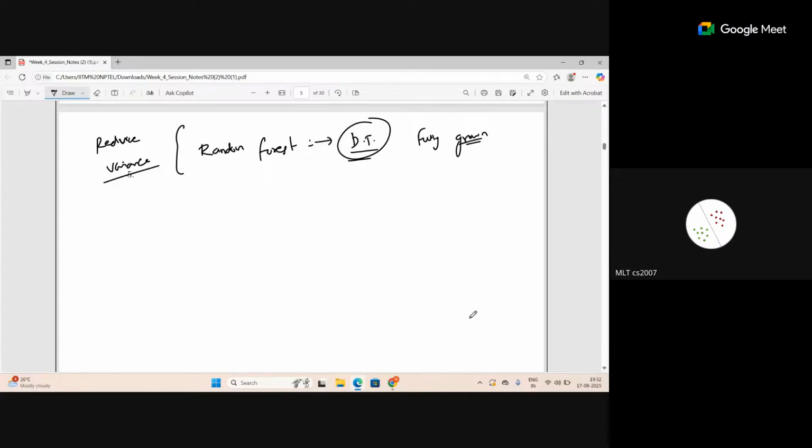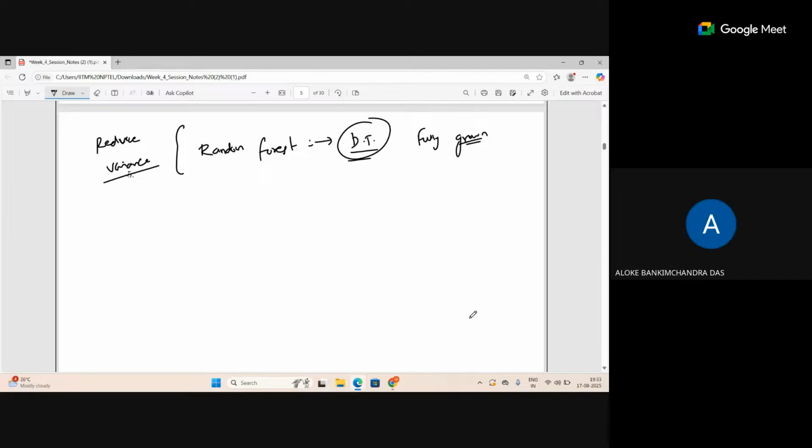Whatever the final validation error and training error is, for the combination that gives the lower validation error and the lower training error, that many decision trees you need to grow. Cross validation works that way, and then you test it out.